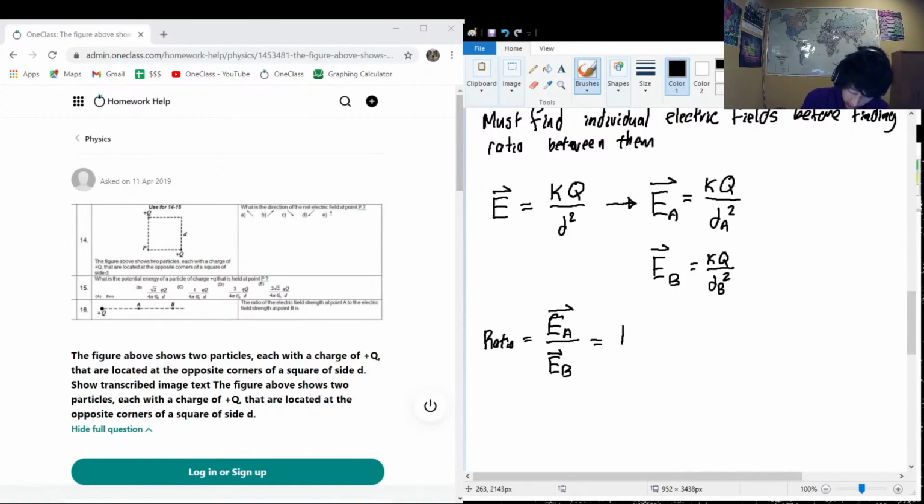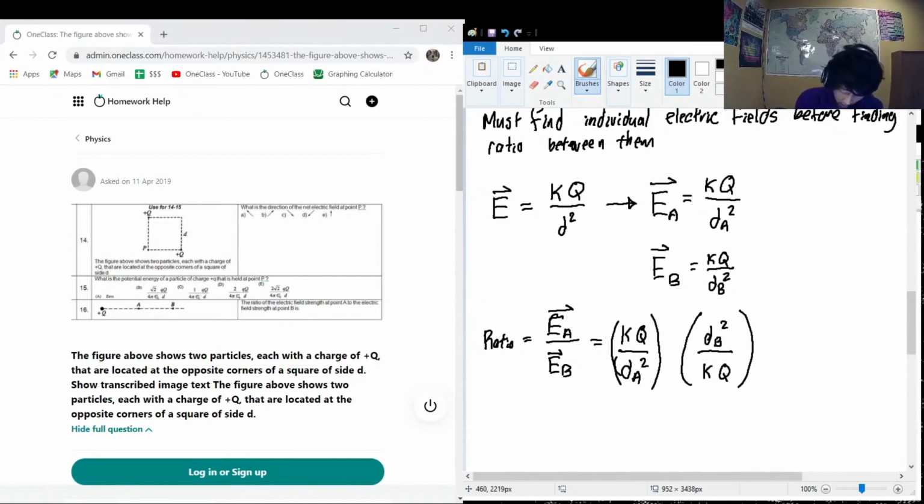So for EA, we have KQ over dA squared. Instead of doing the division, we can just multiply it by the reciprocal. So dB squared over KQ. So this corresponds to EA, and this corresponds to 1 over EB.